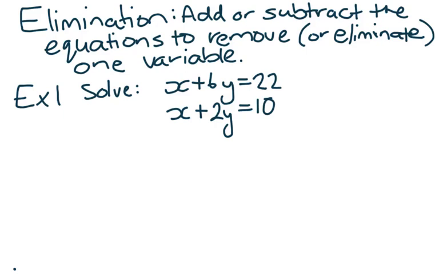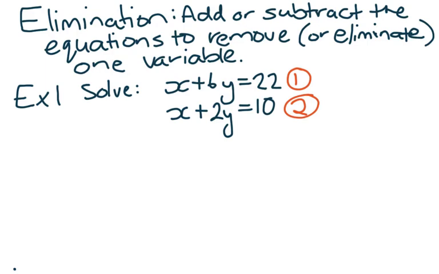So if we have a look at this first example, firstly, again, we always number our equations. The coefficient of x in both of these equations is 1. So we can actually eliminate the x values here.